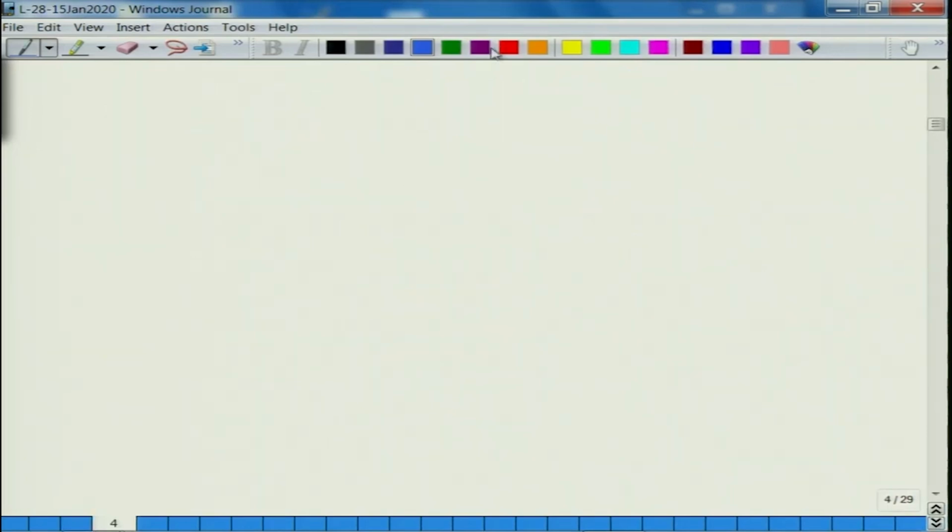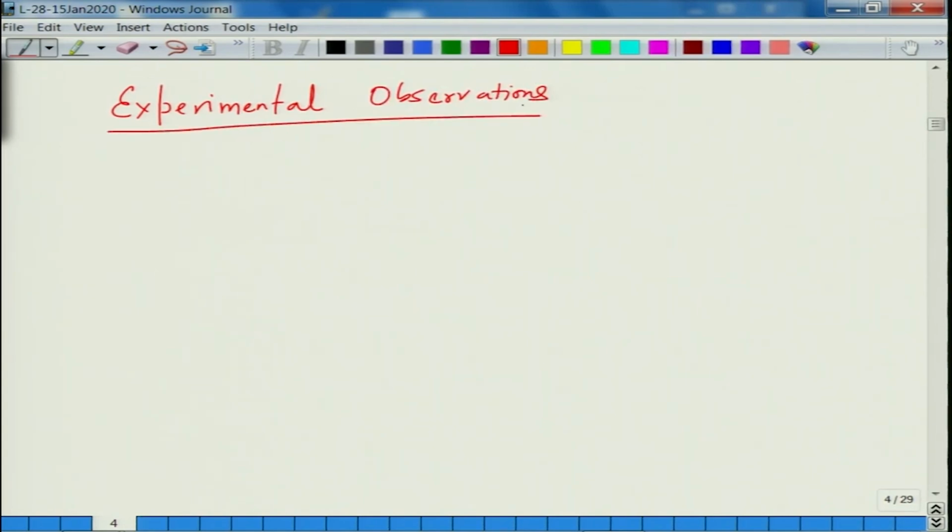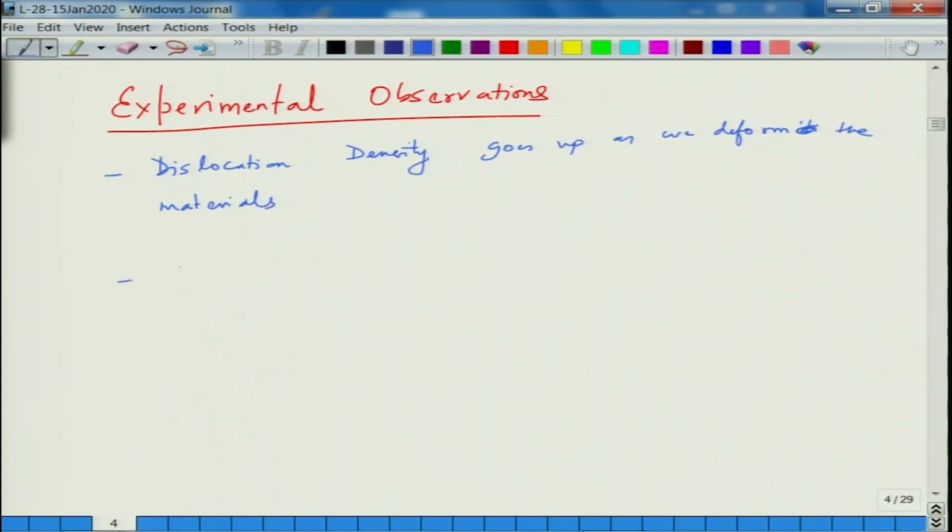In experimental observations, what we see is that the dislocation density goes up as we deform the material, and then the stress required to cause further deformation goes up.